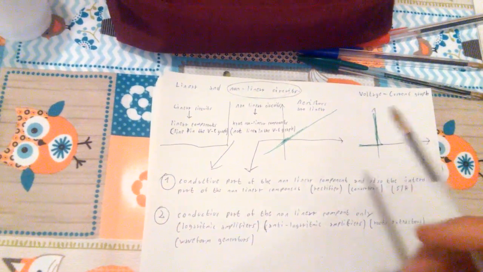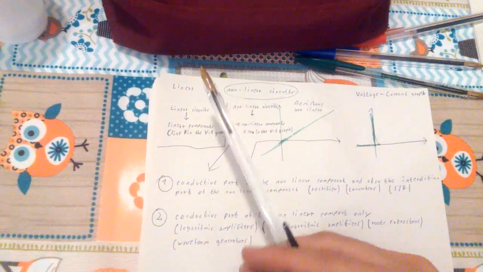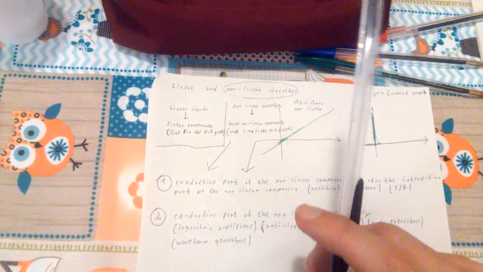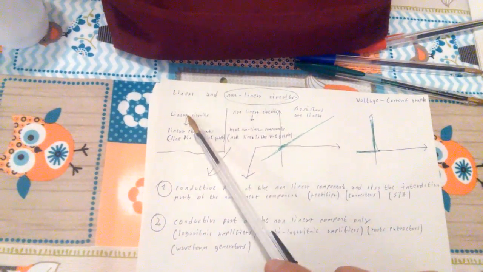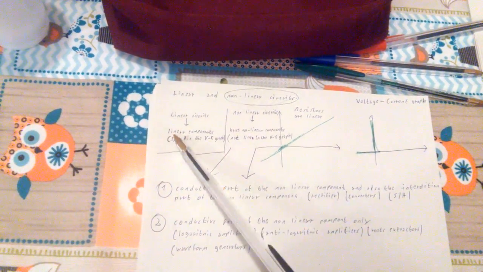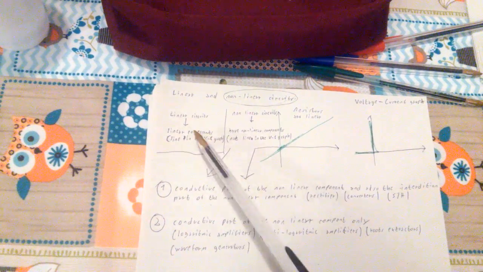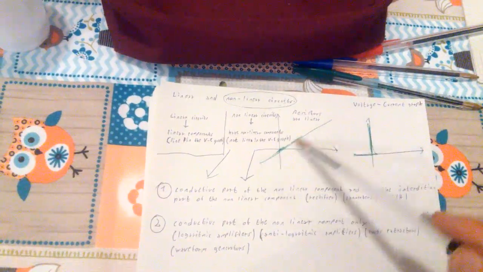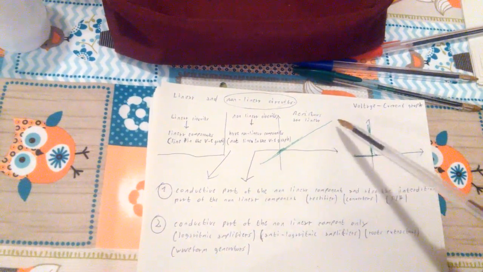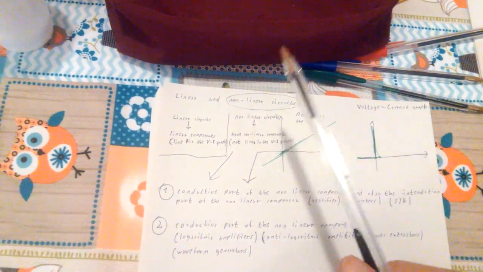So if you happen to find people talking about linear and nonlinear circuits, now you know that linear circuits are circuits that have linear components, which basically means that they have a straight line in the voltage-current graph, like resistors.